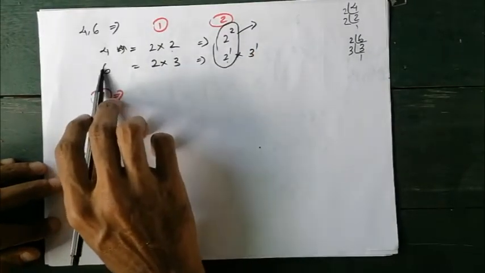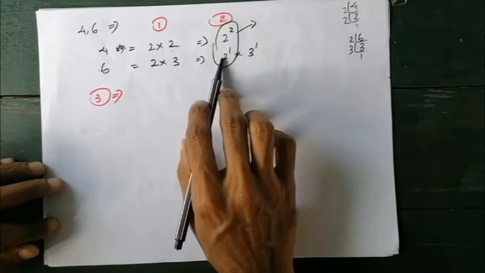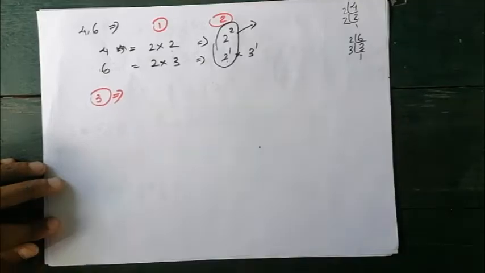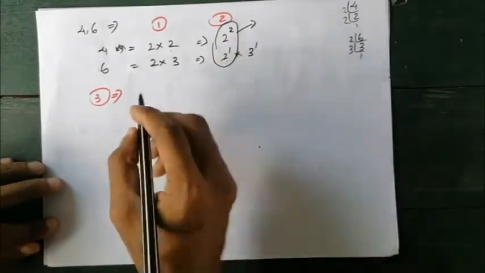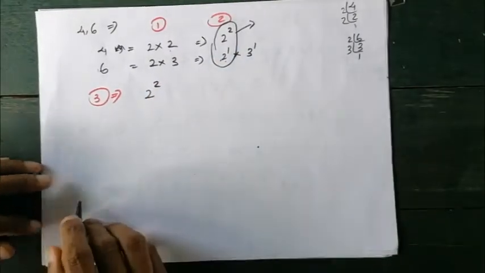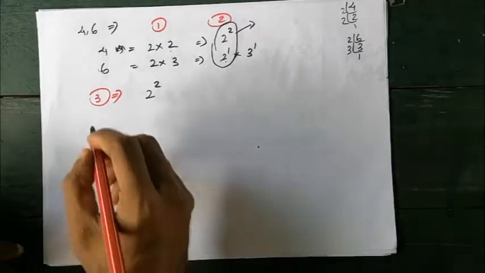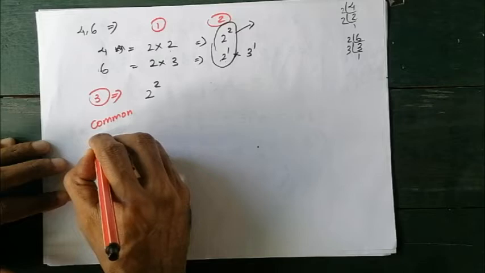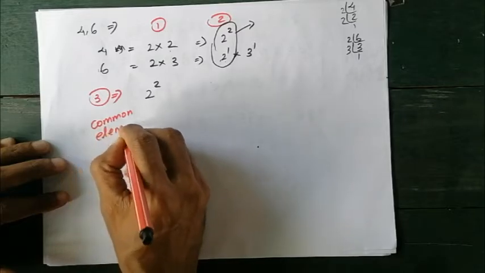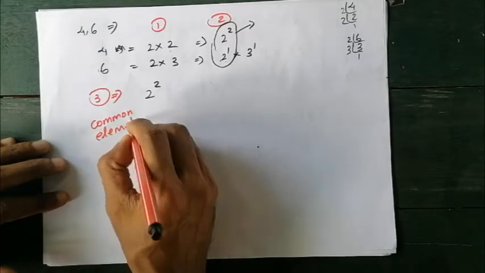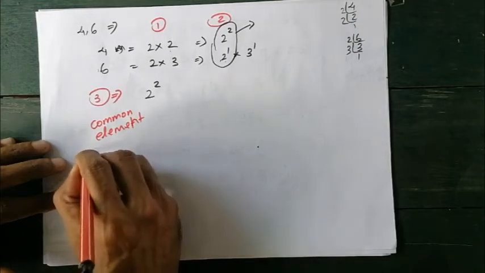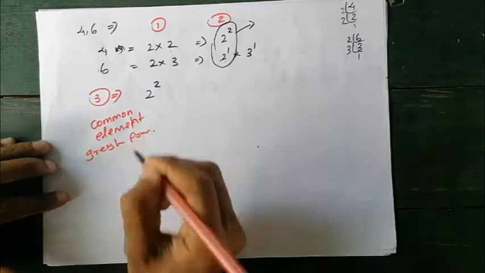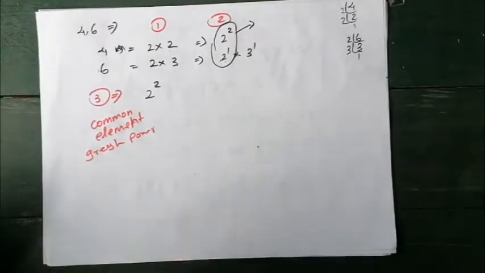For 4 and 6 the common factor is 2, but we are taking the greatest power to the LCM. So we are taking 2 squared. So that is the common element. Remember, common element with greatest power.